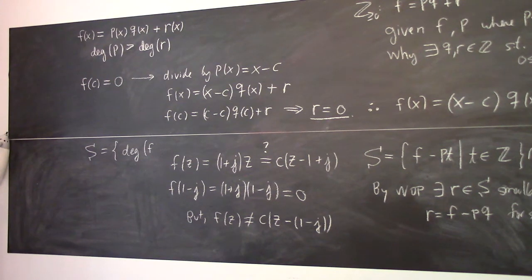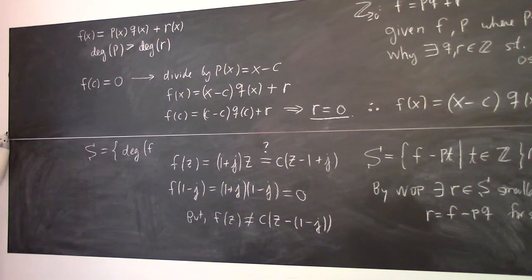Okay, so that gives you plus J. So ZJ plus J minus J squared.